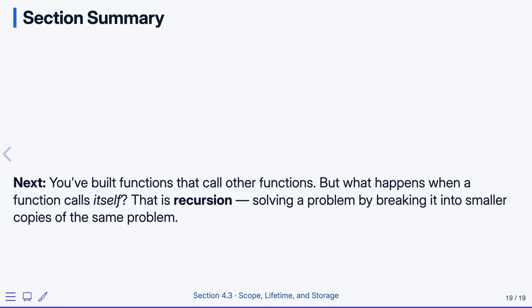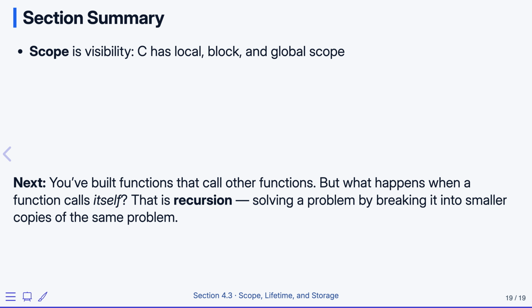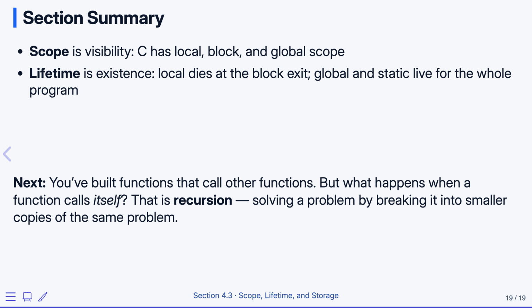Let's recap. Scope is visibility. C has 3 levels: local inside a function, block inside braces, and global outside all functions. Lifetime is existence. A local dies when its block exits. Globals and static locals live for the whole program.